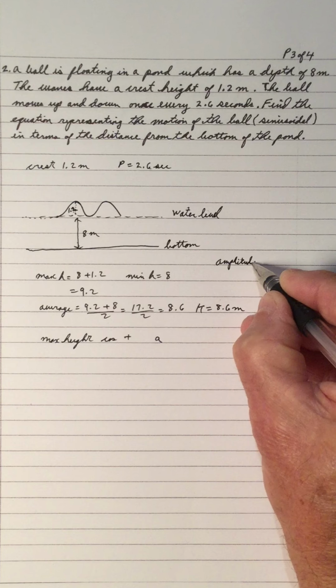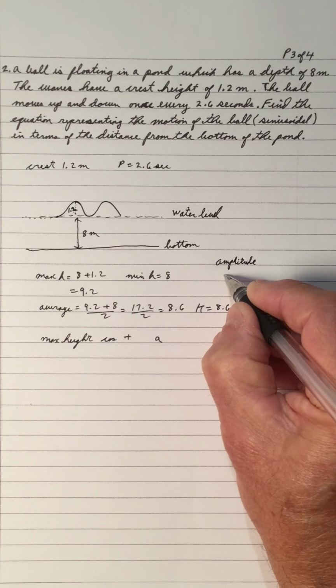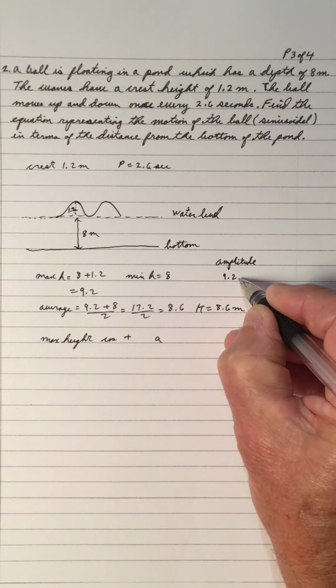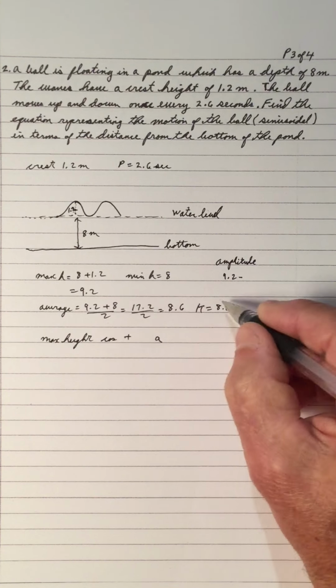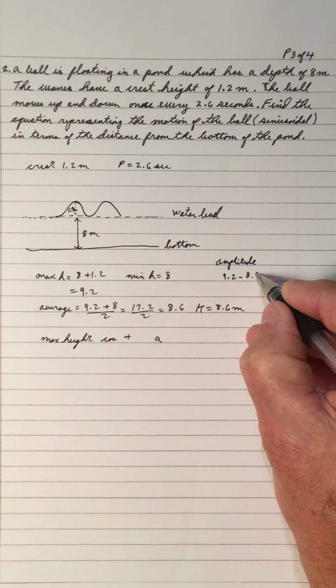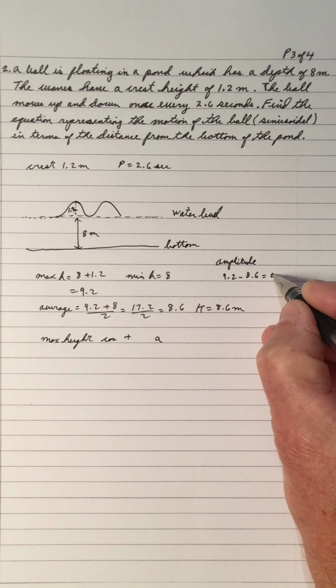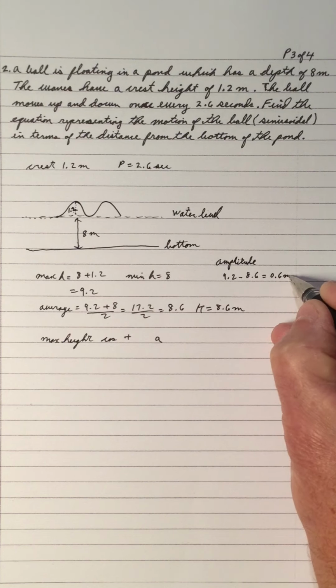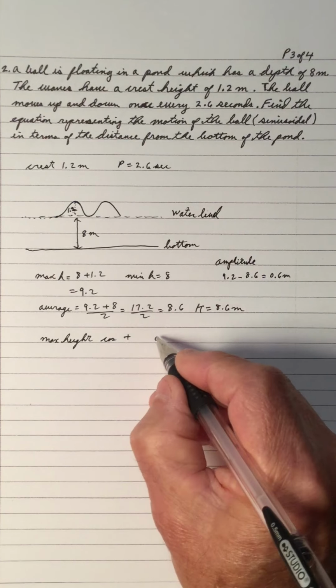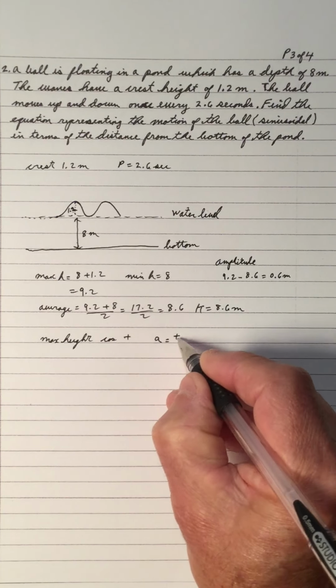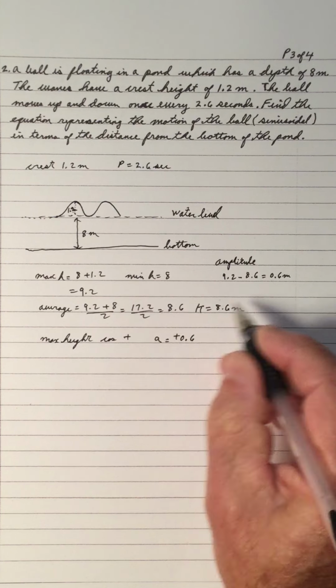The amplitude is the maximum height, which is 9.2, subtract the sinusoidal axis, which is 8.6. So that's 0.6. So the amplitude is 0.6 because it's positive. That means A is a positive 0.6.